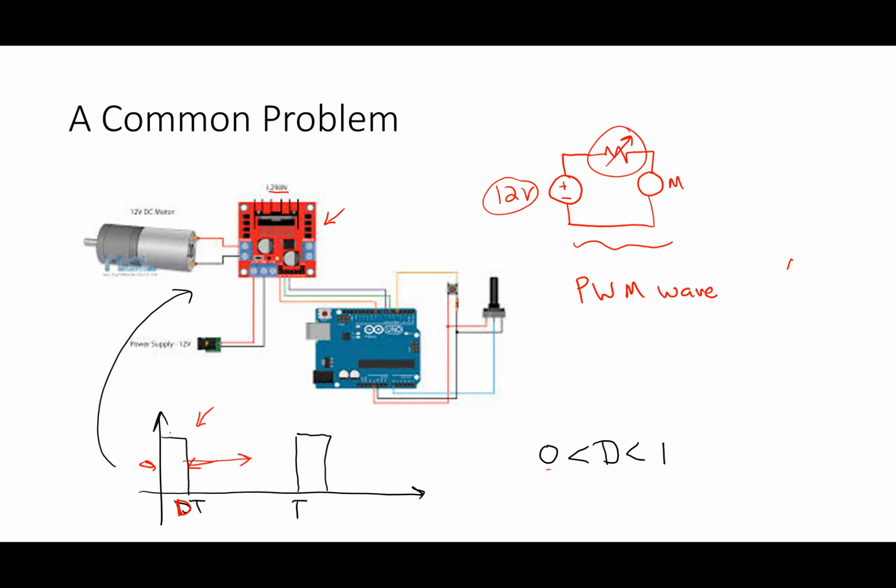So in the context of Fourier series, what's the DC component? What frequency is the DC component? 0. And how did I compute that component?